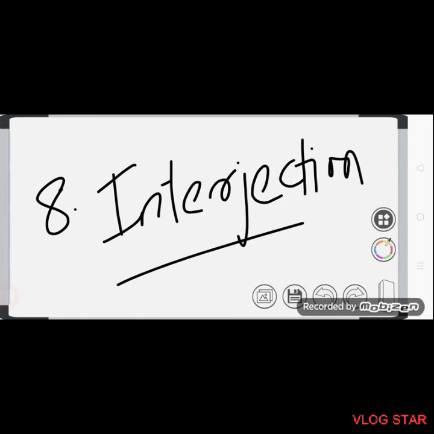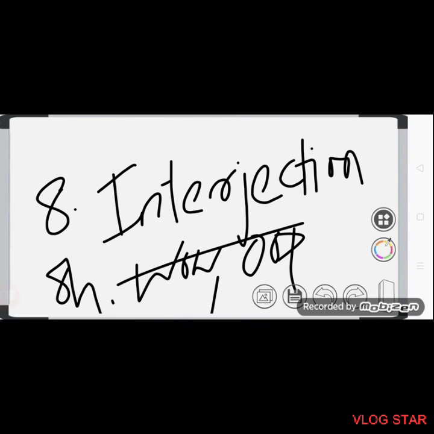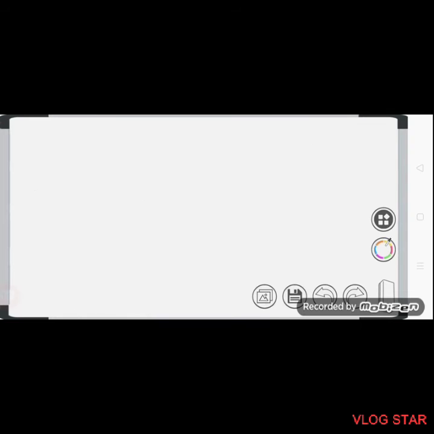An interjection is a word used to express emotion. Examples are oh, wow, oops. These are examples of interjections. They are always used to express emotion and are often followed by an exclamation point.